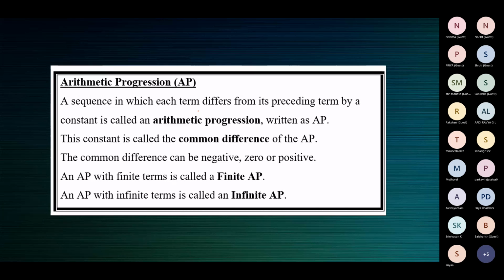An arithmetic progression with finite terms starts with something and ends with something. Supposing you have 1, plus 5, 6, 6 plus 5, 11, 11 plus 5, 16, 16 plus 5, 21.